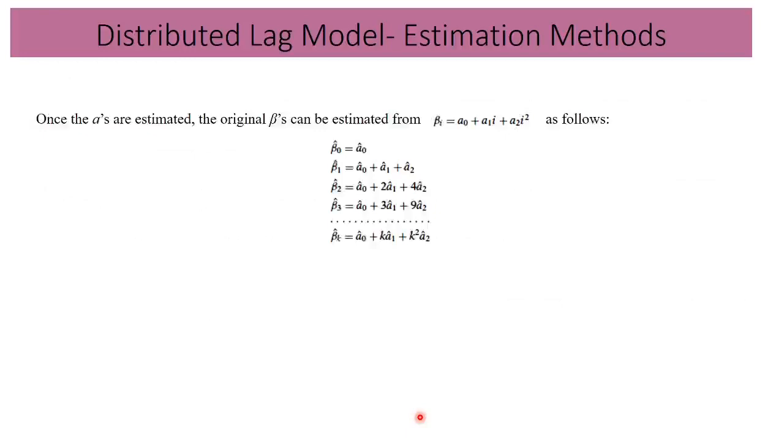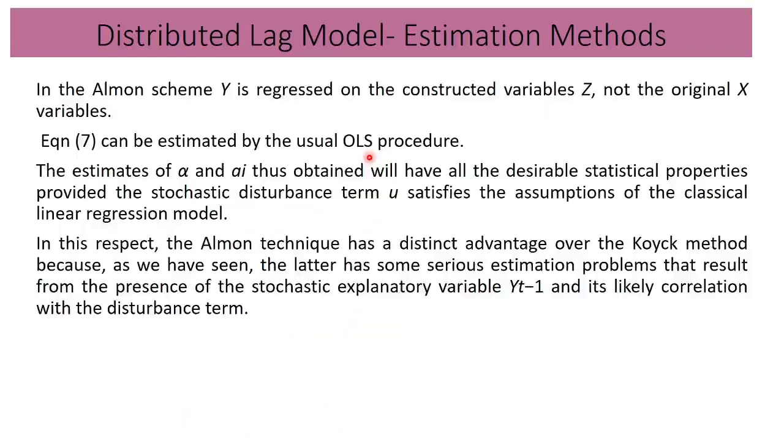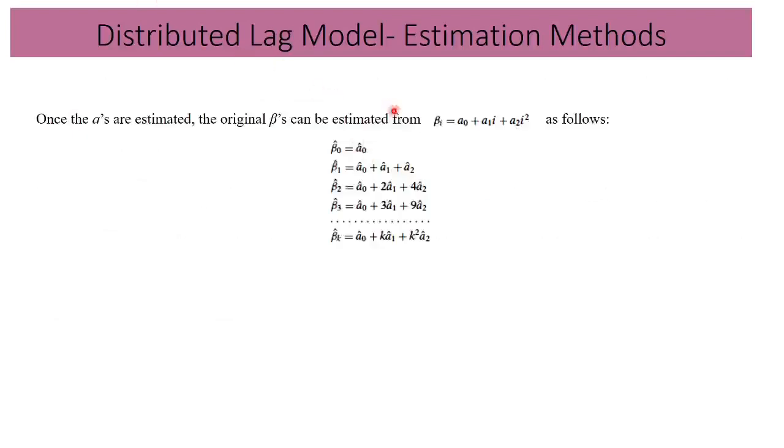Once the a's are estimated, the original betas can be constructed from them. That is, we estimate this model using z0t, z1t, z2t, and from these estimates a0, a1, a2, we need to calculate beta 0, beta 1, beta 2, etc. This is defined like this: beta 0 cap equal to a0 cap, beta 1 cap equal to a0 cap plus a1 cap plus a2 cap.